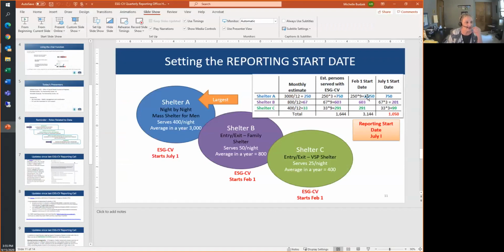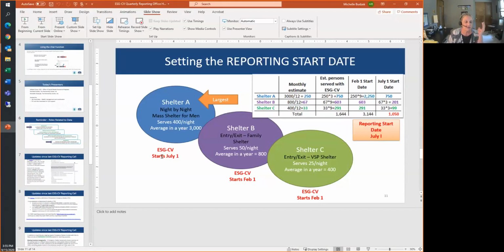So the 1644 is, so shelter A went from July 1st through the end of September.